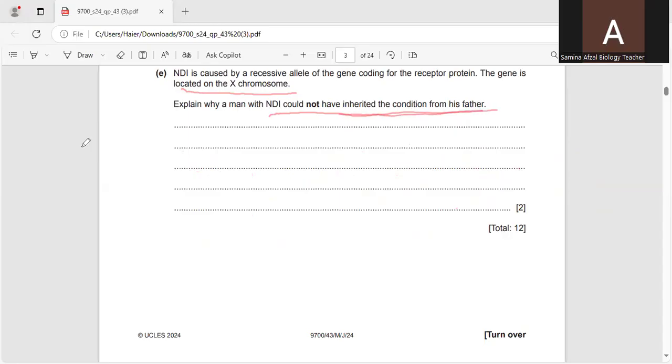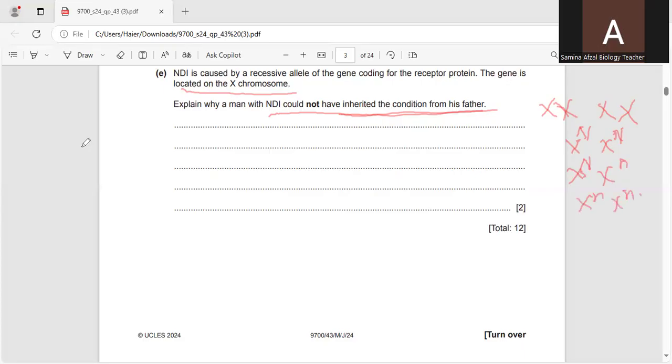And here you can see, students, the male has X and Y chromosomes, whereas the female has X and X chromosomes. So you know that if it is present on the X chromosome, the female can have this disease in this way, and these genotypes you can see.